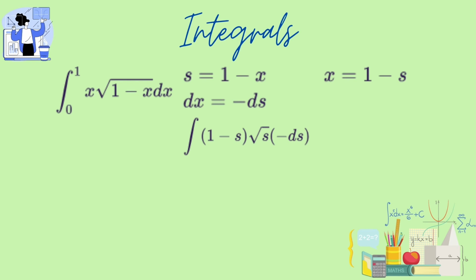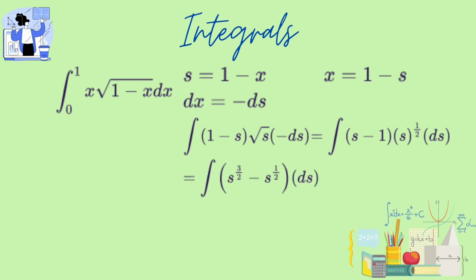This is the same as the quantity s minus 1 times s raised to 1/2 ds. Simplifying, we are finding the antiderivative of s raised to 3/2 minus s raised to 1/2 ds. Applying antidifferentiation, we obtain s raised to 5/2 over 5/2 minus s raised to 3/2 over 3/2 plus the constant c.